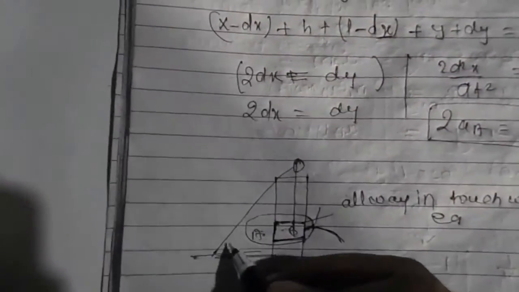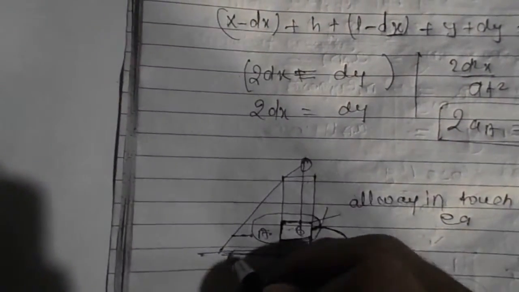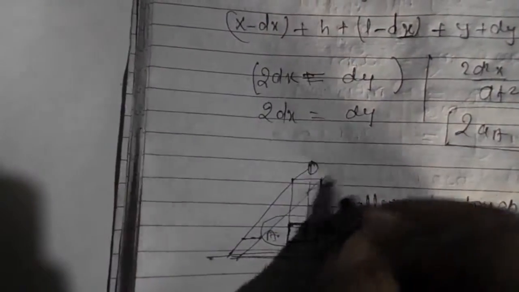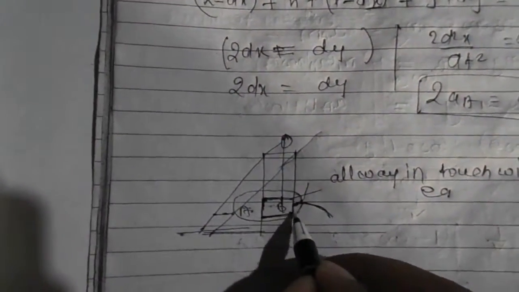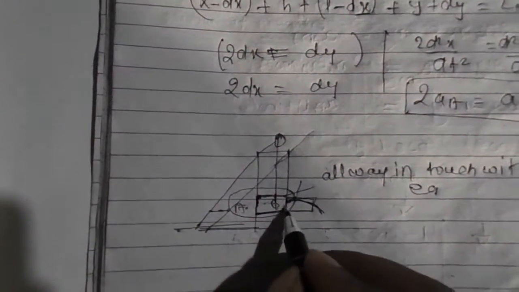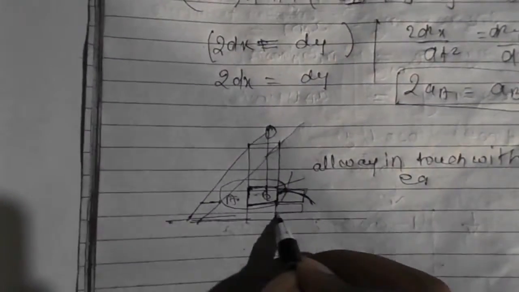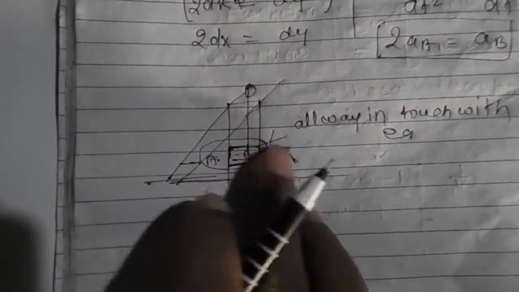And this also moves by amount dx, so it will reach somewhere here. And what I am saying is that this contact is not going to vanish, so it will reach somewhere here. Otherwise it would settle down. So the displacement in the x direction for both block A and block B should be the same.